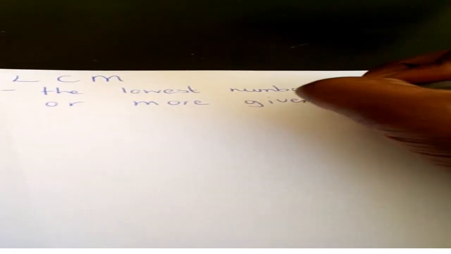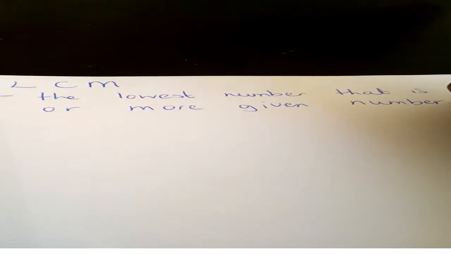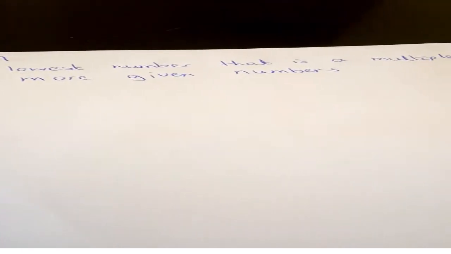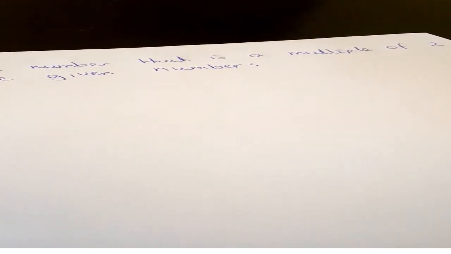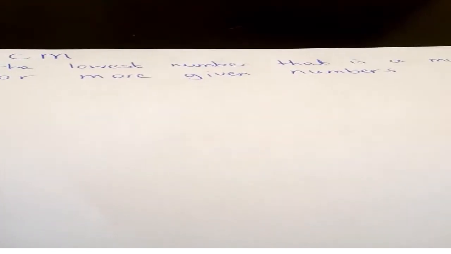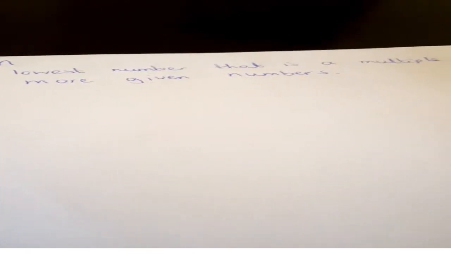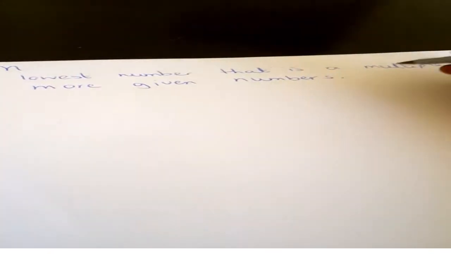LCM is the lowest number that is a multiple of 2 or more given numbers. That is the LCM. First, we'll talk about the multiple.